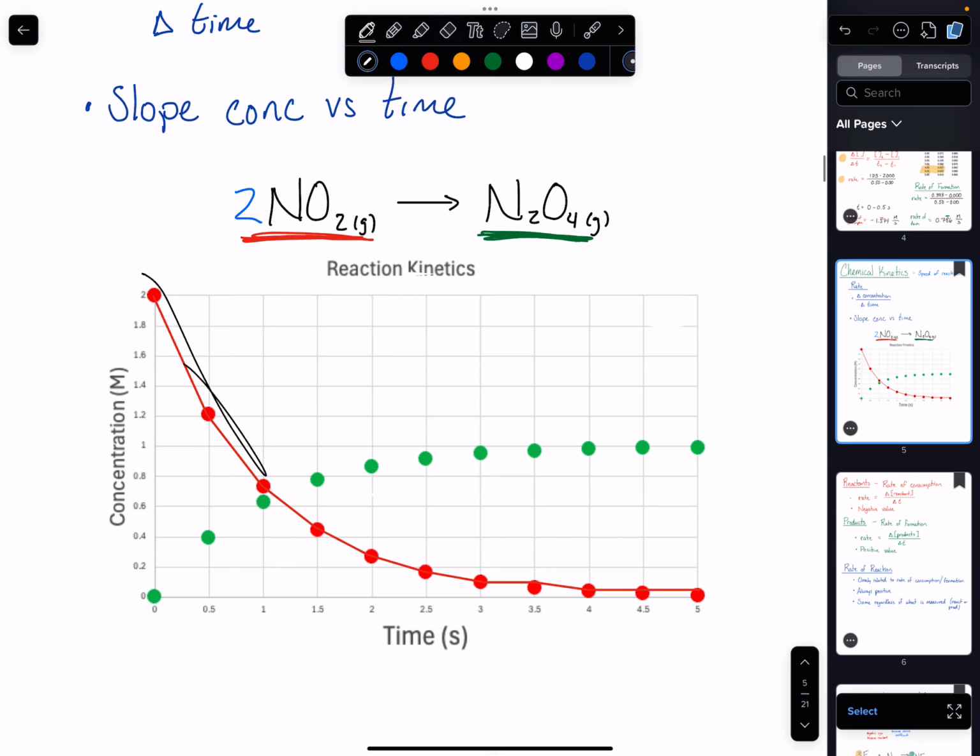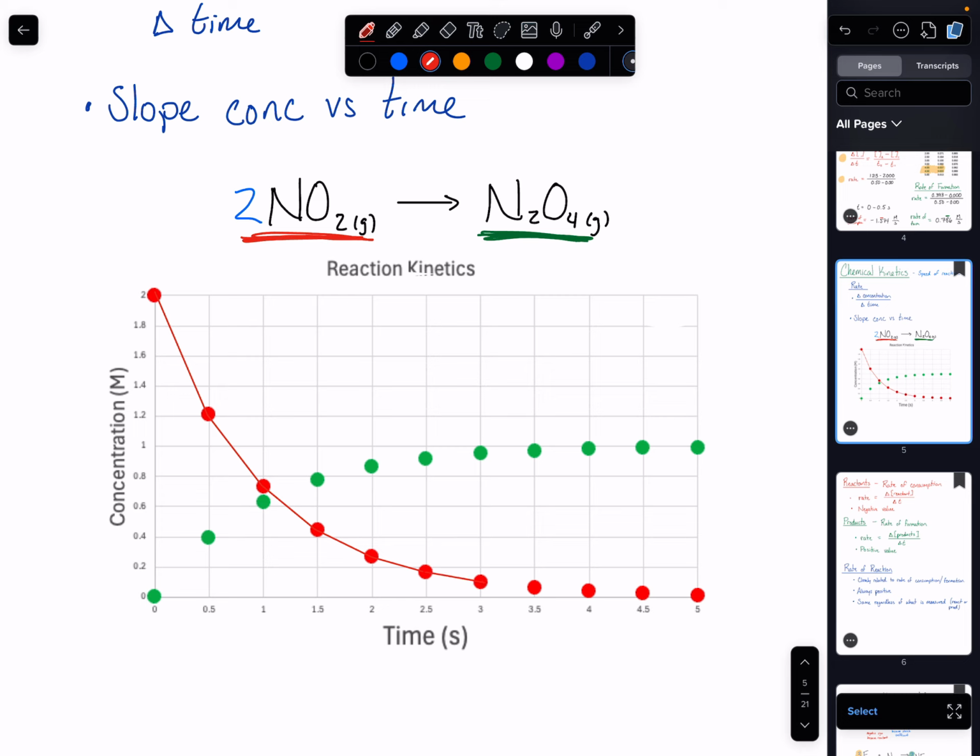What we sort of did visually is we approximated the slope of this graph by drawing this little linear segment here. All right, we made this little line, we calculated the slope of that line, and we called that the rate for that interval. And then we could do the same thing over here, and over here, right? These would be the average rate of our reaction.